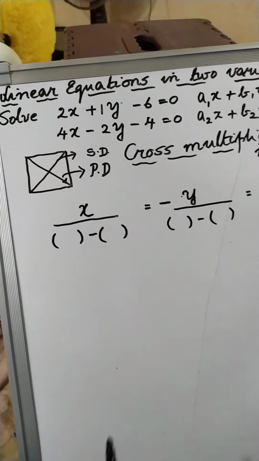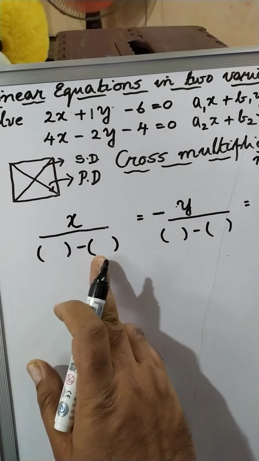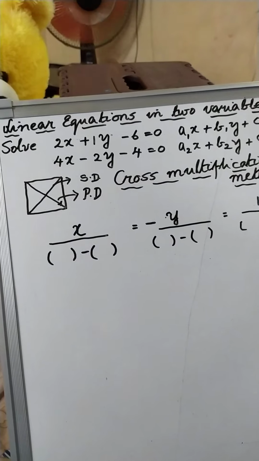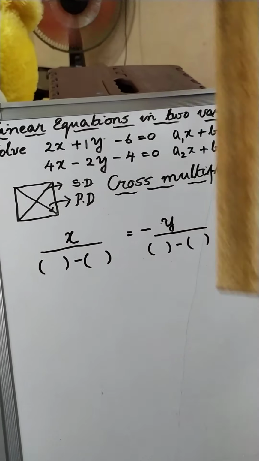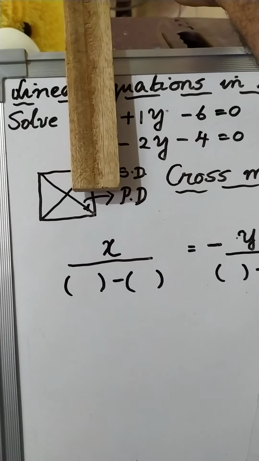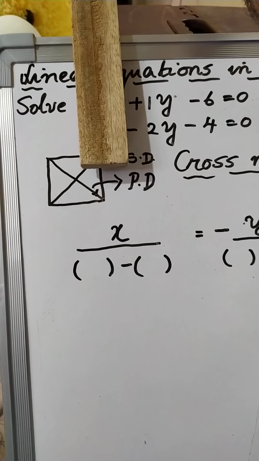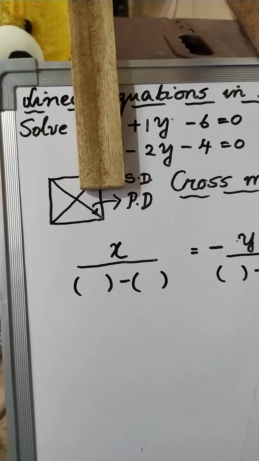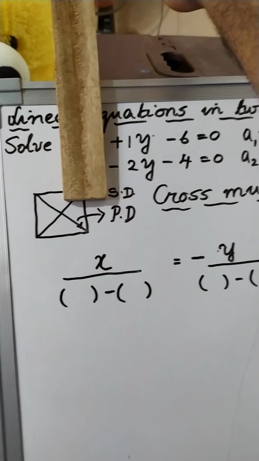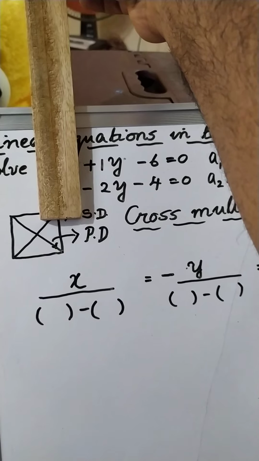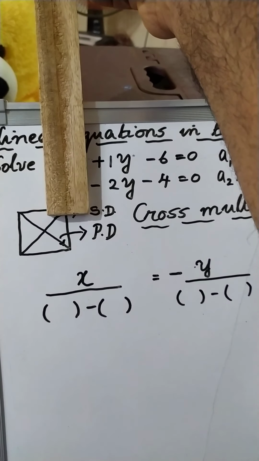To write the value below x, what you are supposed to do is mentally imagine that x terms in the two equations are non-existent, and whatever is left there, you will have the y terms left and the constant.